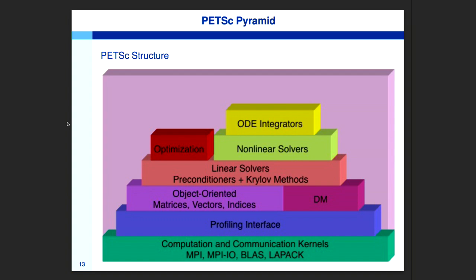As a peer with that, we have optimization software in the Tau package that likewise also builds on the linear solver capabilities. And then on top of all of that, we have ODE integrators, which can then interface to the nonlinear solvers and linear solvers and whatnot as needed. So during our presentation, we'll talk about how these various aspects of functionality work together.